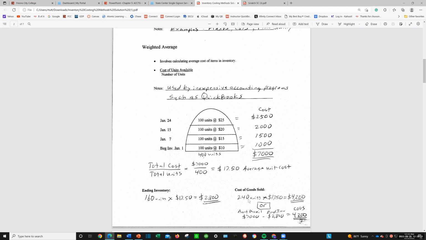I do it this way so you can see how it all works here. But this is a very typical way of figuring it out. You know what's available and the ending inventory, and the amount available minus the ending inventory will always give us our cost of goods sold. Okay.